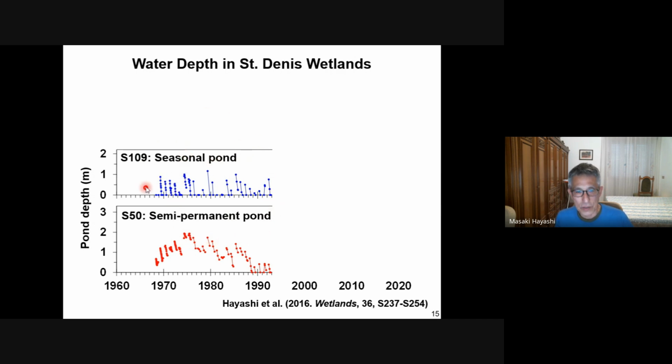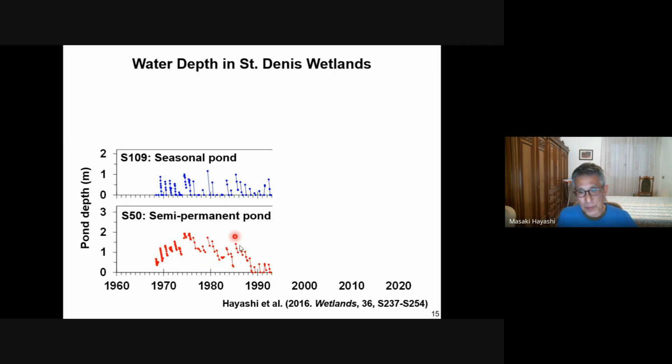The reason is this. S109 was a seasonal pond. They had already studied it for more than 20 years, mostly thinking about the ducks and other animals. The seasonal pond has a particular ecological function. And S50, semi-permanent, always has water, so it's good for ducks. You have to have both seasonal and semi-permanent ponds in the same landscape.